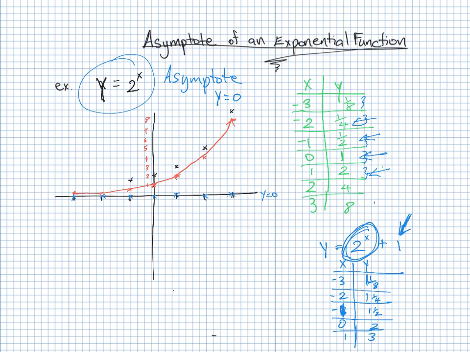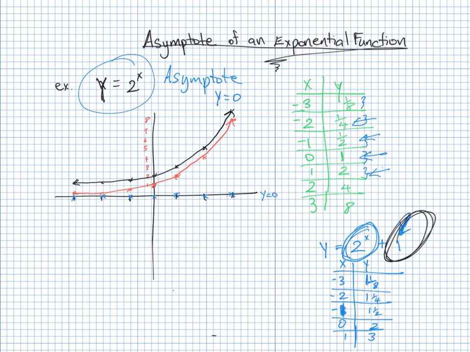So as you can see, now, since everything is 1 spot higher, what else is 1 spot higher? Or 1 unit higher? If you said the asymptote, you are absolutely correct. So because we added 1 here, the asymptote moved up to 1.